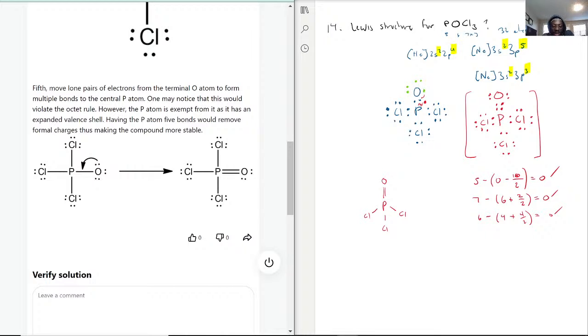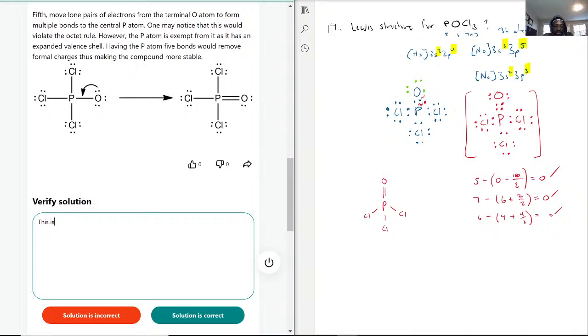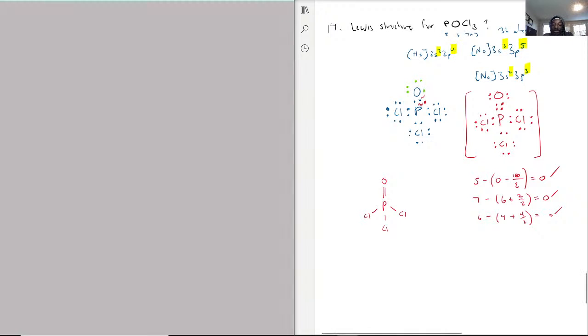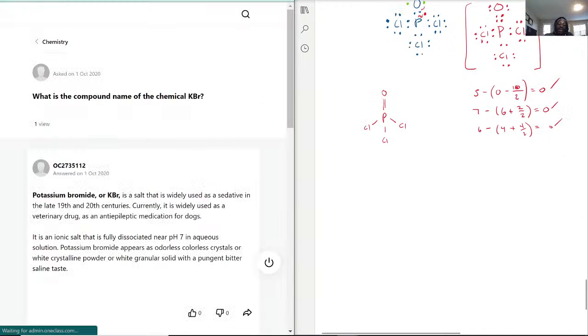So this is what you have now for the Lewis structure for POCl3. So with that being said, we've successfully gone through question 14. Let's move on to question 15.